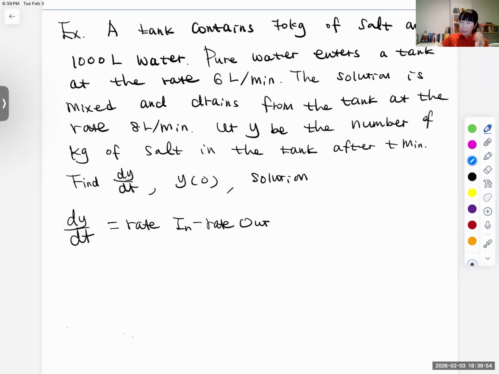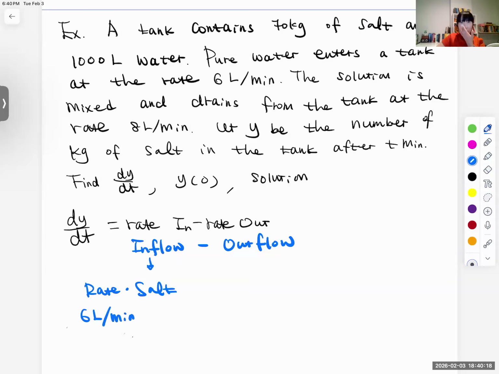So the rate in is the inflow, minus the outflow. Now for the inflow, we take the rate times the salt. The entering rate is 6 liters per minute, and the salt is 0.